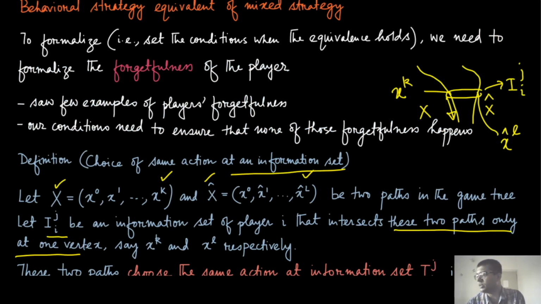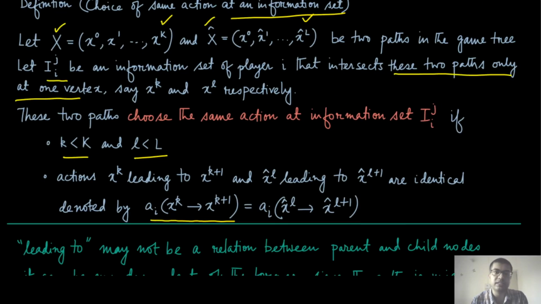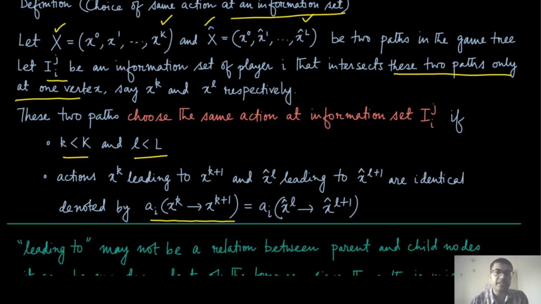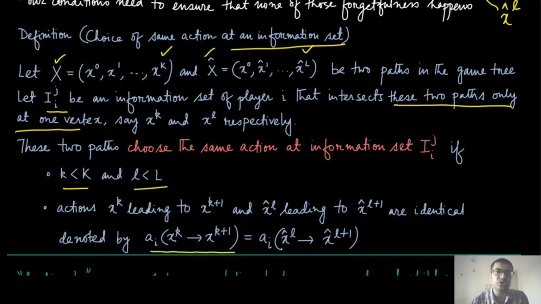So the action that has been taken here and the action that has been taken here must be the same. If that happens, then we call that these two paths choose the same action at the information set I_i^j. Okay. So with that definition, we are just going to use this terminology, choosing the same action at an information set.